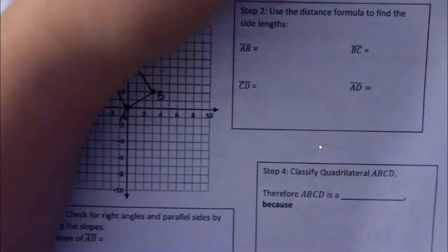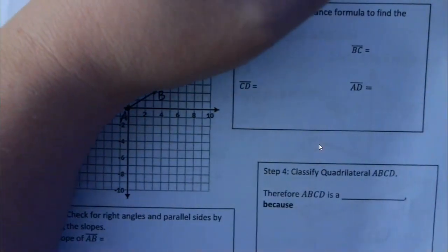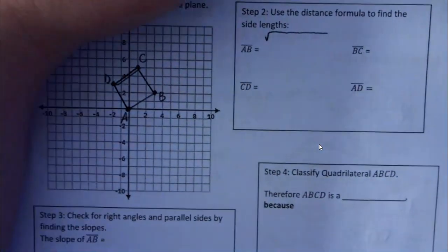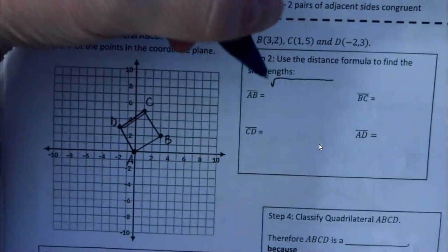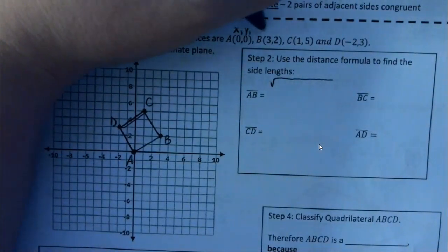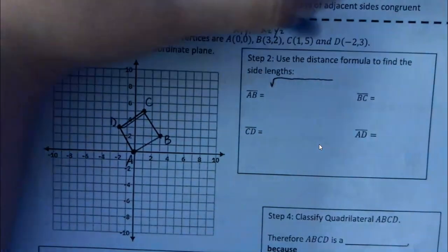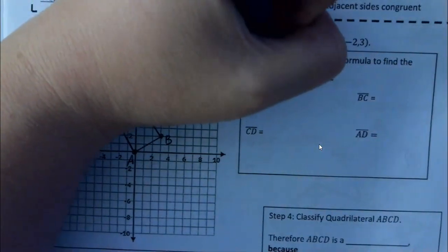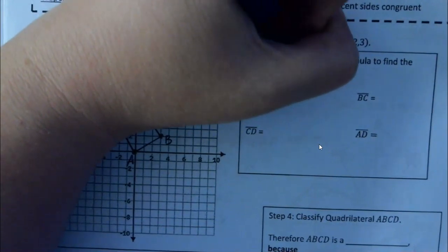But for this first one, I will do distance formula just to show it to you at least once. So for this, I'm going to find the distance of AB, x1, y1, x2, y2, and I'm going to plug these numbers in. So I want to take 0 minus 3 squared.